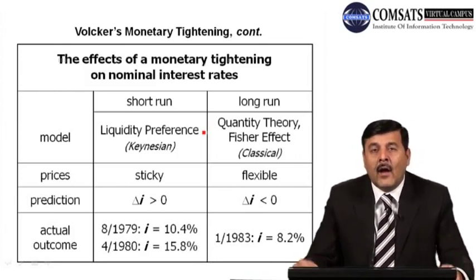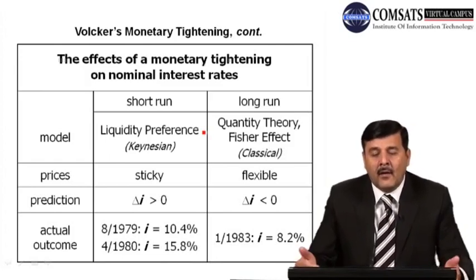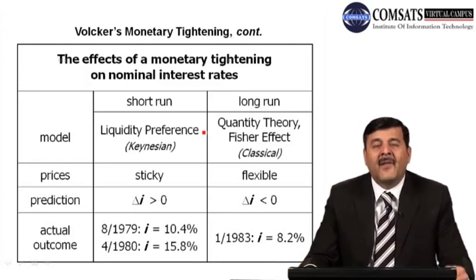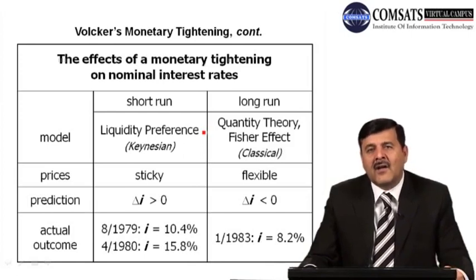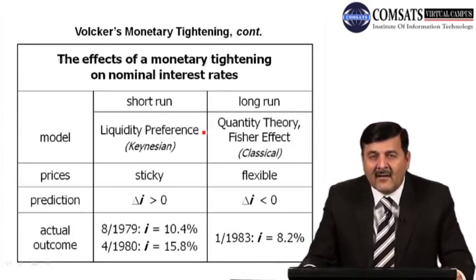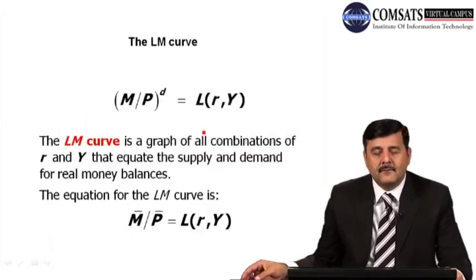But the question arises, how this policy would affect the interest rate in the economy. तो वो इस slide में हमने देखा कि if we are talking about Keynesian economics, there will be a positive effect on the nominal interest rate, and if we talk about classical economists, which talk about the long run equilibrium, this has a negative effect on the nominal interest rate.